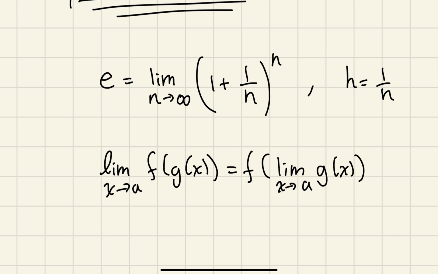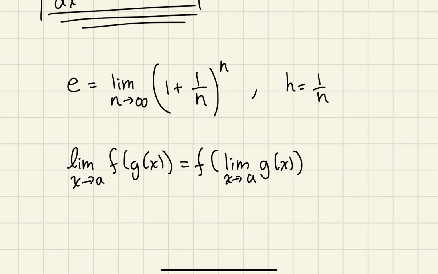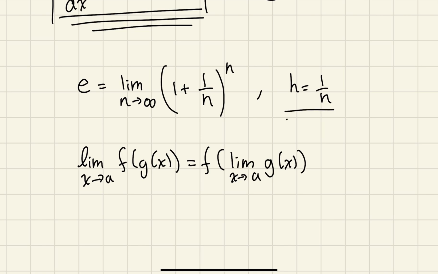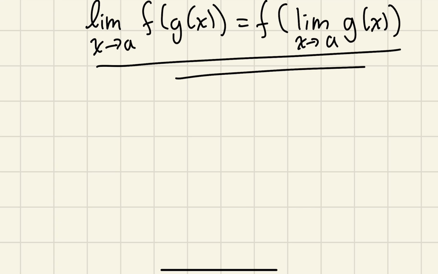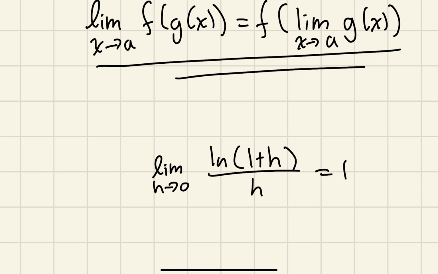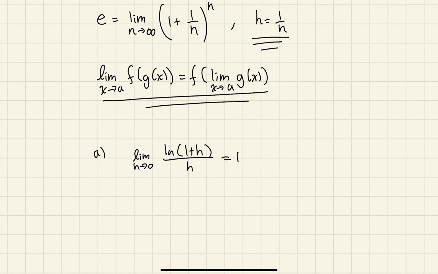Okay, so let's see here. Use this fact. Okay, sorry. So we have this substitution and we have this fact, and what we're trying to prove is that the limit as h approaches 0 of the natural logarithm of 1 plus h, over h, equals 1, right? Now this may seem kind of random at the start, but after you see the entire proof, it'll make more sense, right?